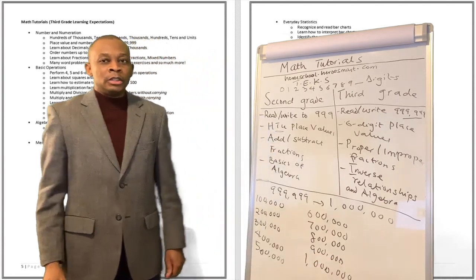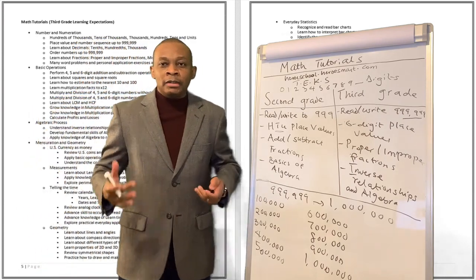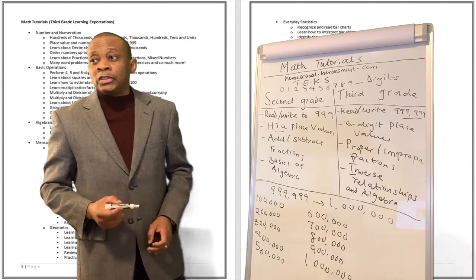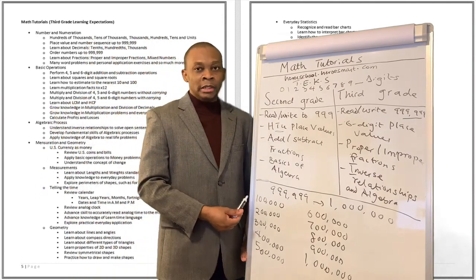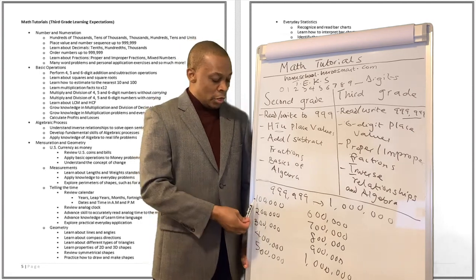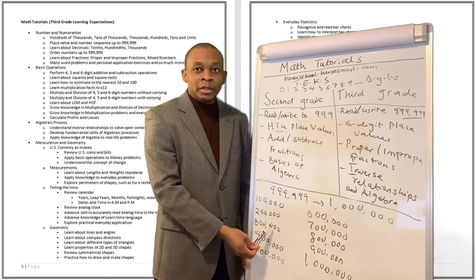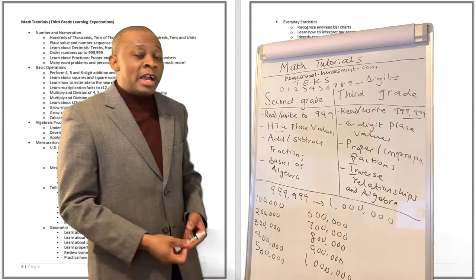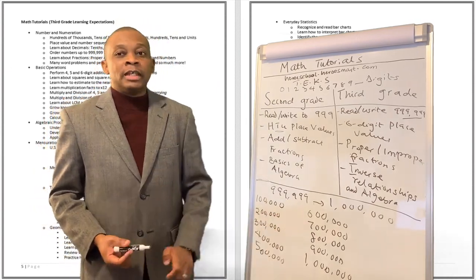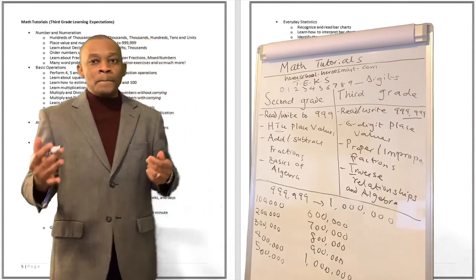So you can teach them so they can actually get started. They can understand patterns. They can start to identify patterns by learning how to count by 100,000s: 100,000, 200,000, 300,000, 400,000, 500,000, 600,000, 700,000, 800,000, 900,000, and 1 million.